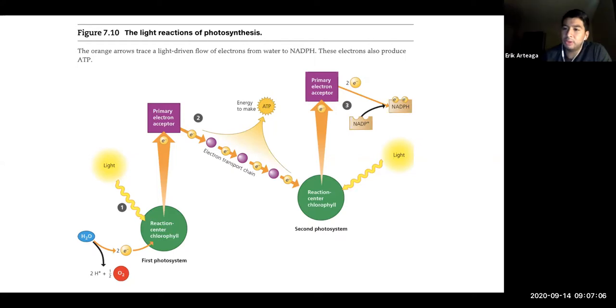These are 2 very different molecules, and I'll probably reiterate this again when we pick up lecture on Wednesday. But this molecule is going to be used to build glucose, right? This is not used for electrons to donate to an electron transport chain. This is used to build organic molecules. This is a building block.